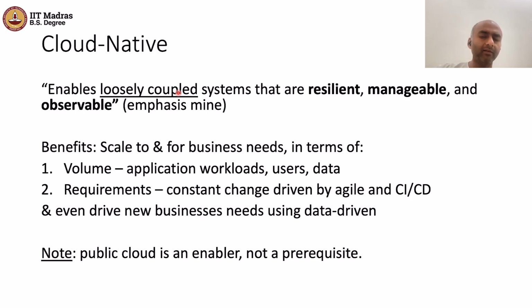Now, the second property of these loosely coupled systems built using cloud native is that they become manageable. This is a very simple term at its root, but it has profound implications.